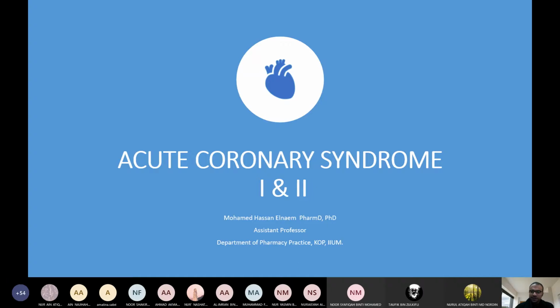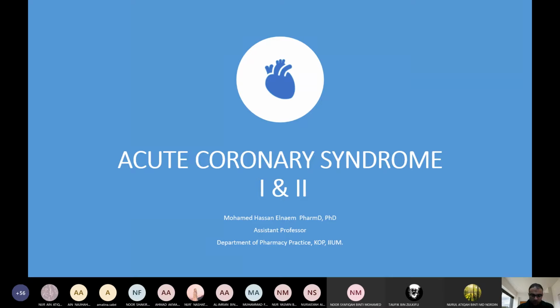If you remember, brothers and sisters, and if you don't remember, in the pathophysiology of stable ischemic heart disease we have a stable atherosclerotic or lipid plaque in the artery, and thrombosis may happen, but the main feature is that it is stable.